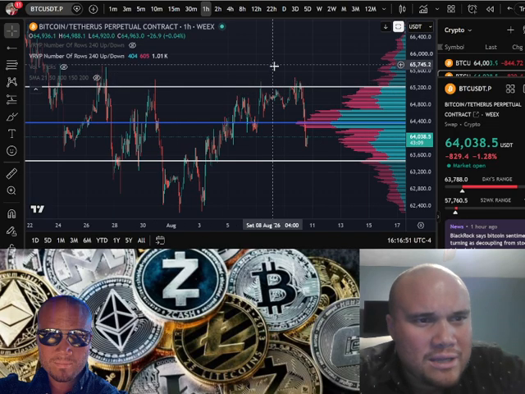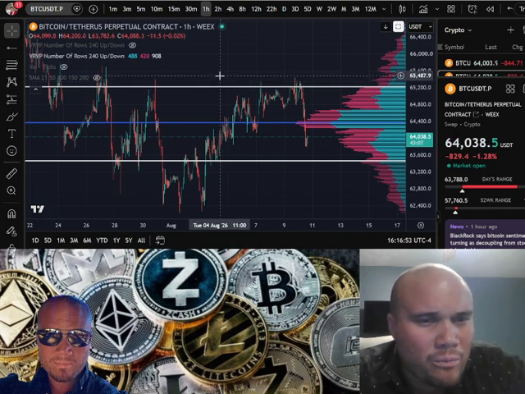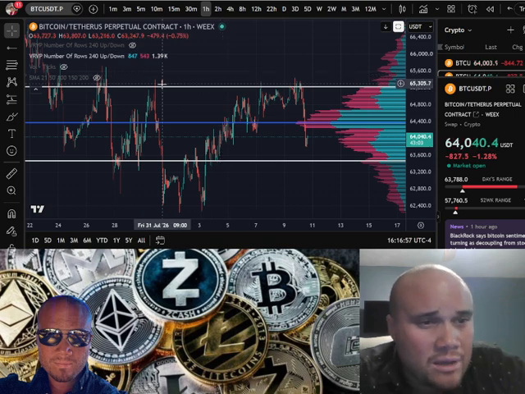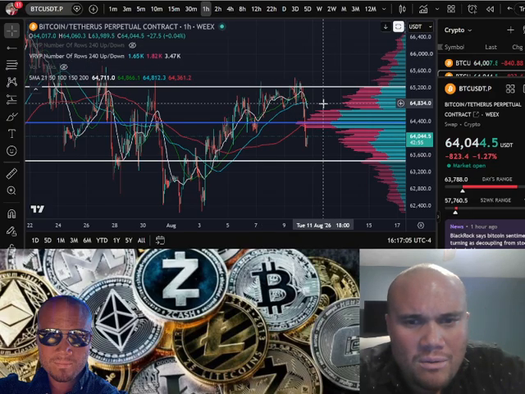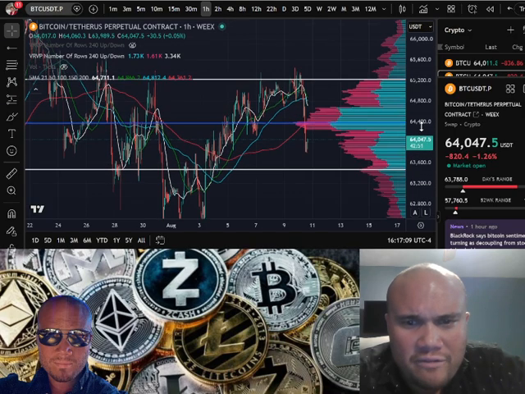But we don't like to just rely on one indicator by itself. Another indicator that I would like to throw on here would be the moving averages, just to see if there's any confluence with any of the volume nodes on the VRVP indicator.